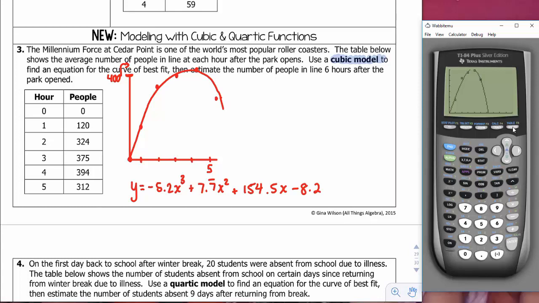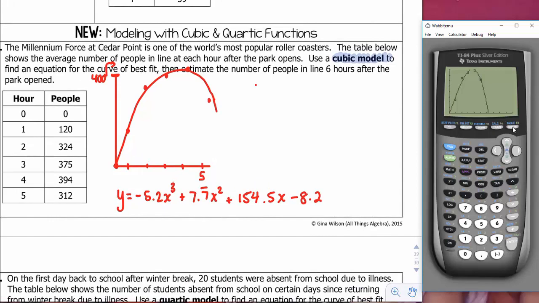Now that we have that, I want to estimate the number of people in line 6 hours after the park opens. So when x equals 6, I want to know what my y value is, which is the number of people. On a situation like this, go to your table.